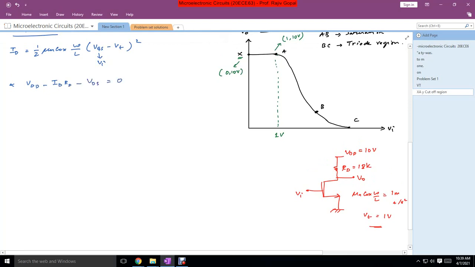Now VDS I will replace with V naught, because in the circuit diagram VGS is the same as VI, and VDS is the same as V naught. Substituting this, you'll get VDS or V naught equals VDD minus half mu n COX W by L into VI minus Vt whole square into Rd.